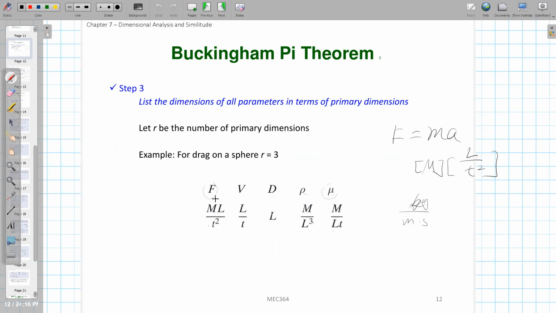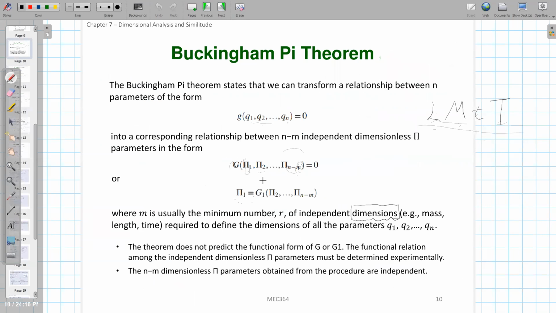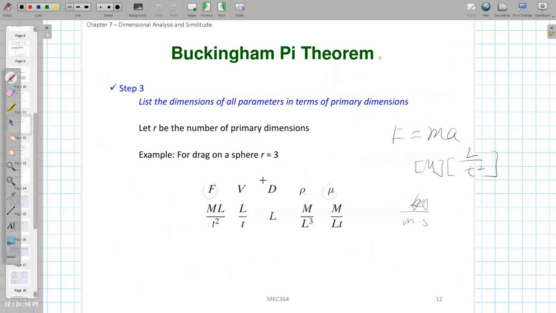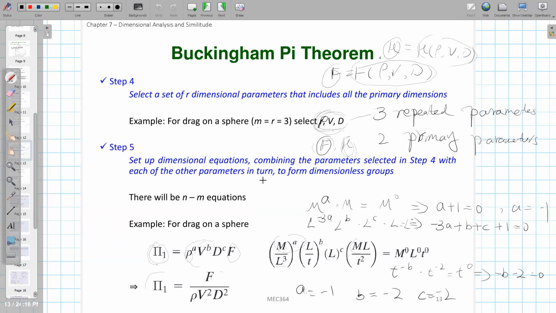And also we didn't choose F, the drag force, because this F is what we want to measure. This should be the output, right? So we didn't make it a repeated parameter. Okay, so although you can arbitrarily choose 3 repeated parameters here, the reason we choose rho, V, D is simply because these 3 parameters are easy to measure in the experiments.